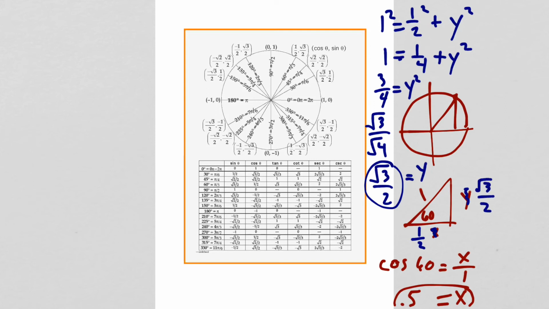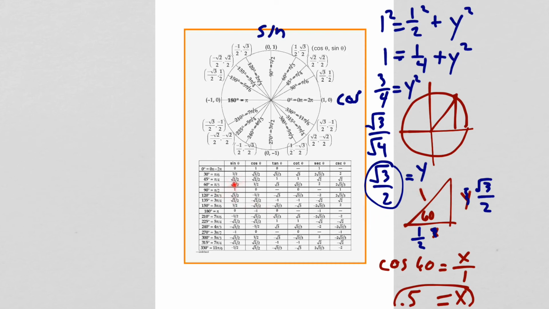So again, go to this chart. Here's 60 degrees because that was my given angle. The sine is always the y coordinate because remember, this is the sine axis, this is the cosine axis. So the x represented cosine, the y represents sine. Here's the sine, which would also be opposite over hypotenuse, so it would have been y over 1.